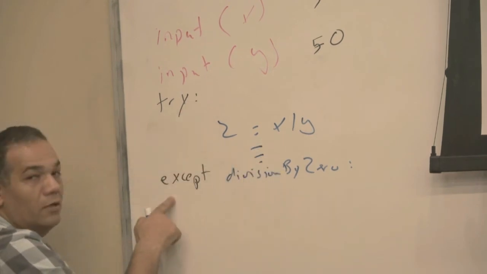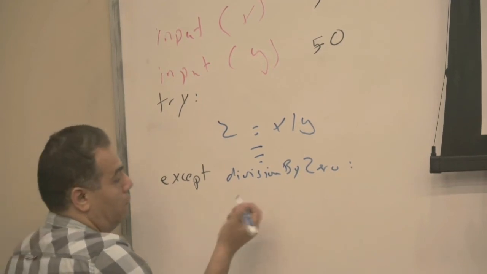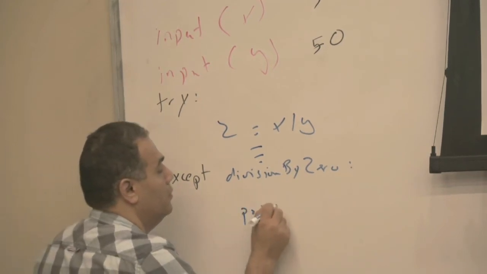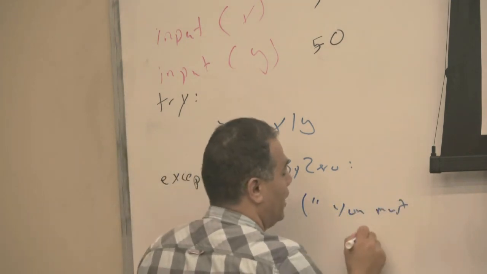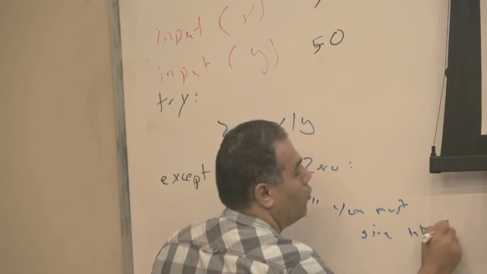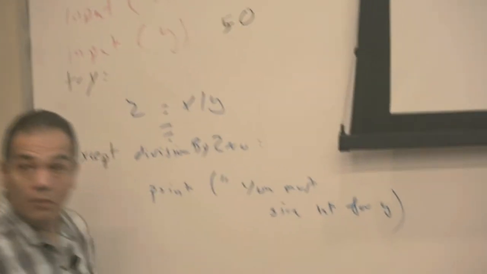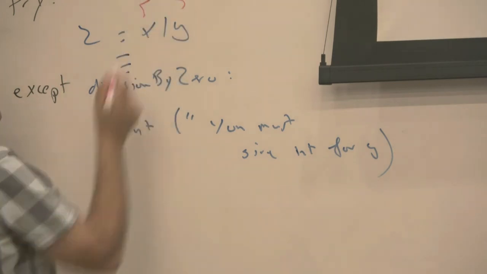It will jump to where? To the except. And in the except, for example, you could say print, you must give an integer for y. And the system will not crash. It will not crash. So try except. Let's say that the user entered 5 and then 5.